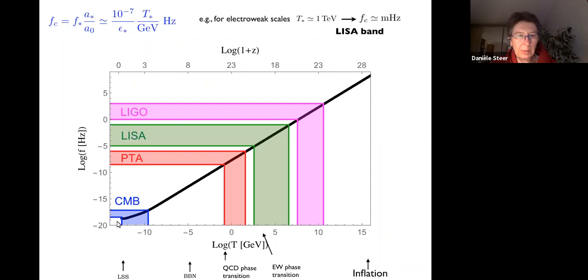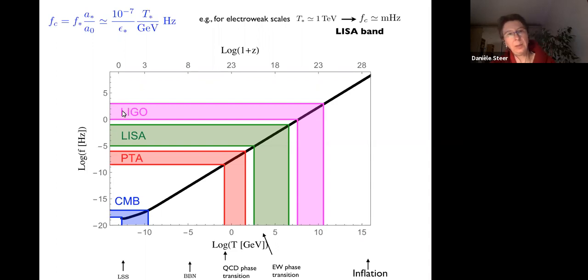So here I've plotted log of the characteristic frequency as a function of log t. So the black line is in fact this equation. So that's log t on the x-axis, the characteristic frequency on the y-axis. And I've drawn the sensitivity bands of the different detectors, which we discussed already on Tuesday.